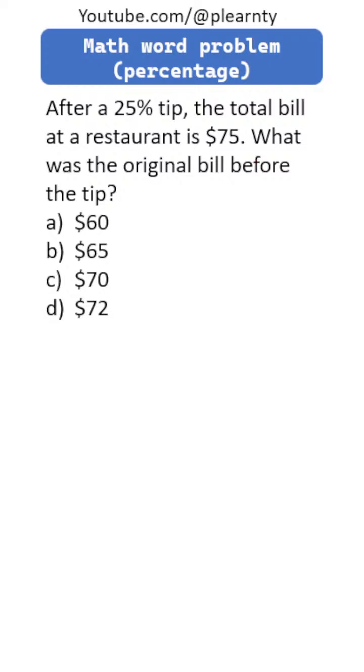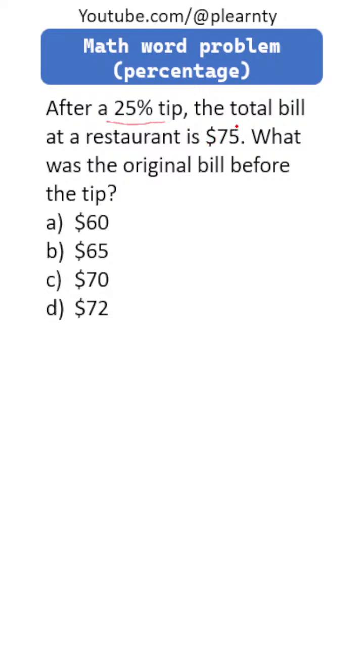After a 25% tip, the total bill at a restaurant is $75. What is the original bill before the tip? So let's say you have a bill and then you give an additional 25% tip.